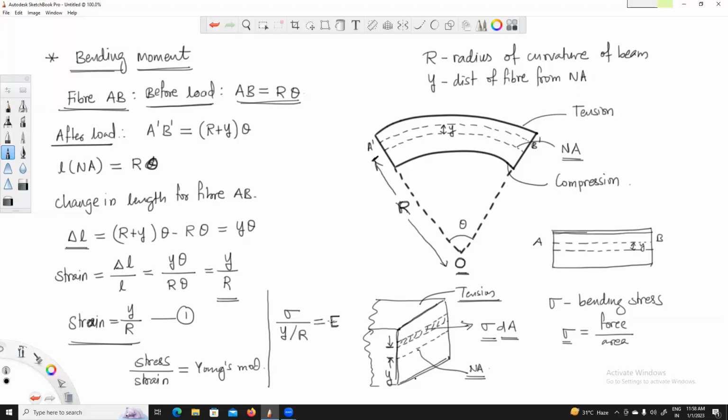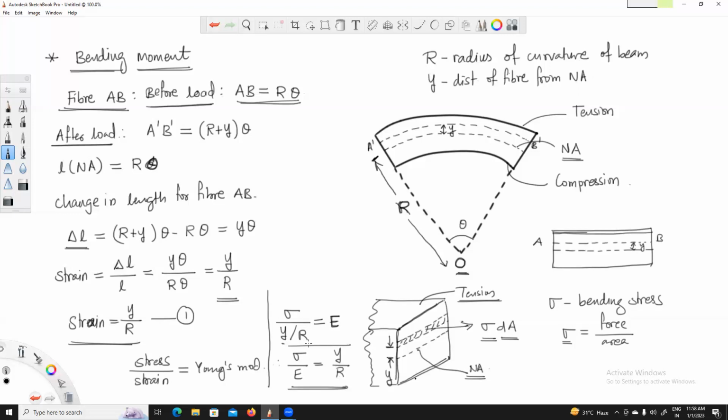Generally, we represent it by capital Y, but to avoid repetition of this variable y and to avoid confusion from here onwards, let us denote Young's modulus by capital E. So what we have got here is sigma over E is basically y over r.